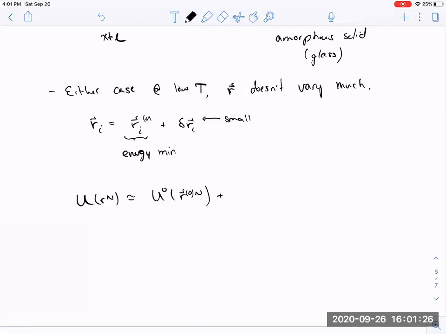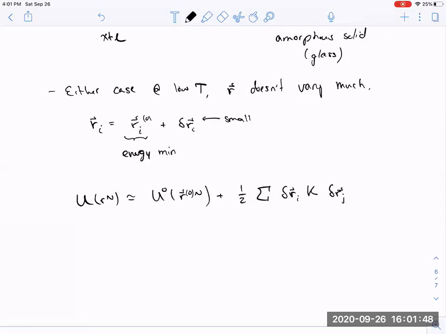First order terms, if the solid is stable, means that there's no first order derivative, but there is second order derivatives. And they're complicated because I can ask the derivative as I make small changes in the ith particle position or the jth particle position.